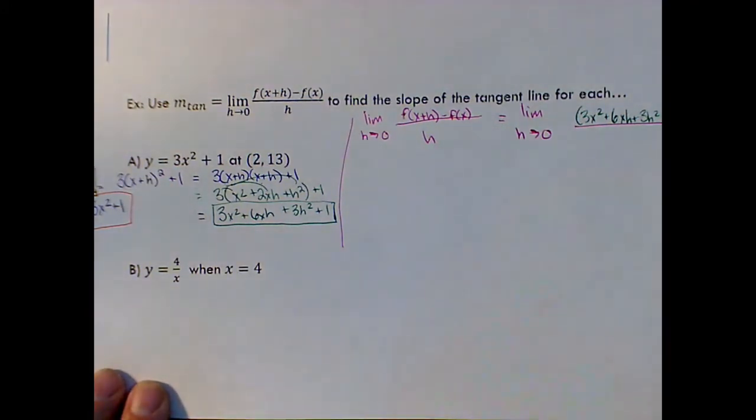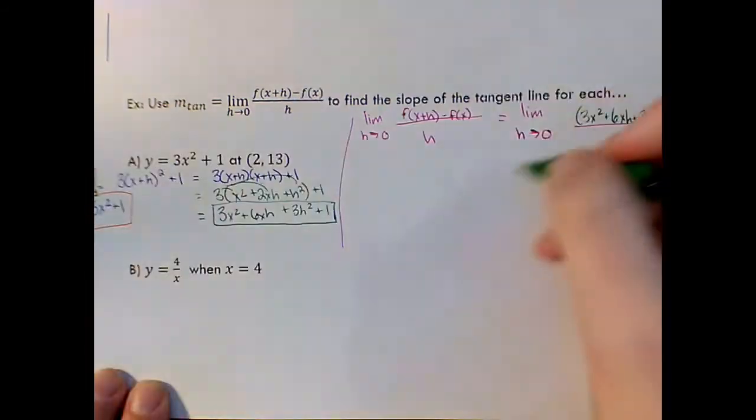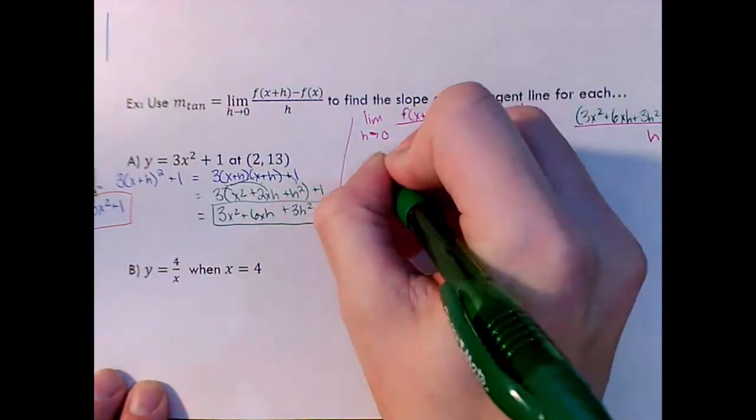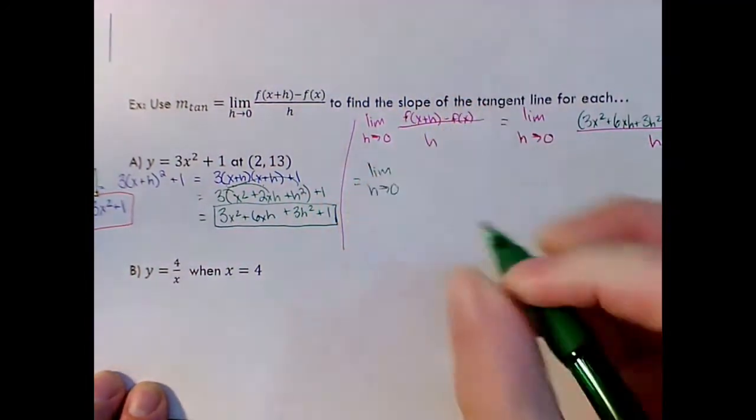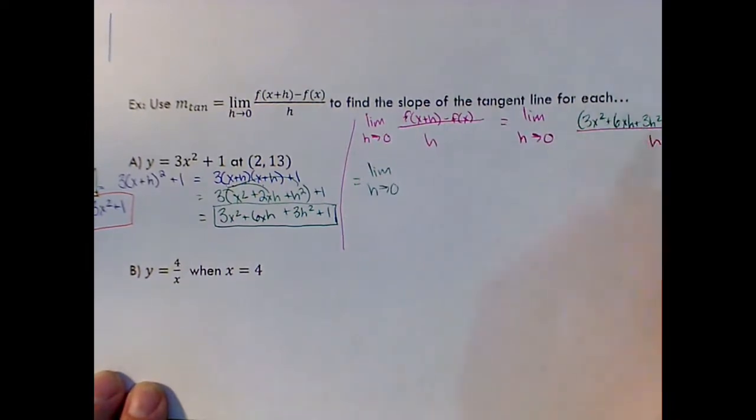Now, what am I missing? h. All right. Very confusing when I have all these colors that I have to deal with. The next step is just to keep going with the math. h approaches 0. So I don't need these parentheses right here.